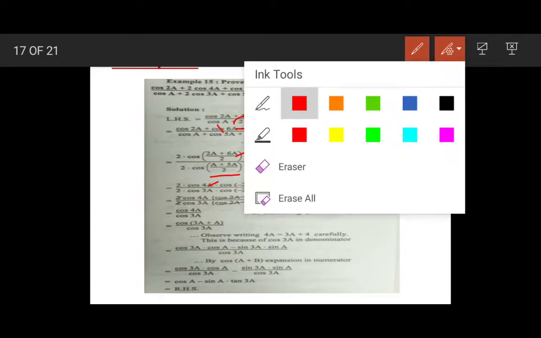8a upon 2 means cos 4a, into cos of 4a upon 2, that will be a minus 2a. So I am getting 2 cos 4a into cos minus 2a, plus 2 cos 4a as it is.